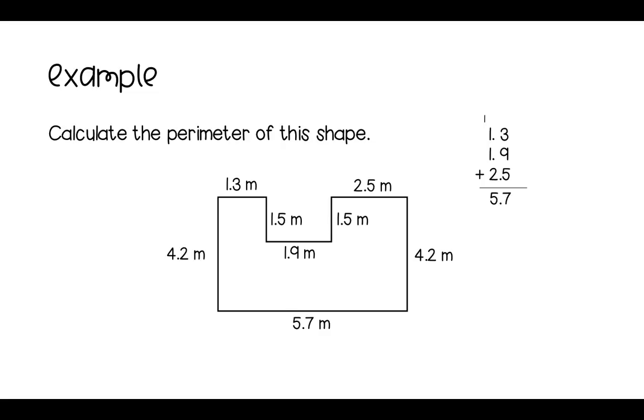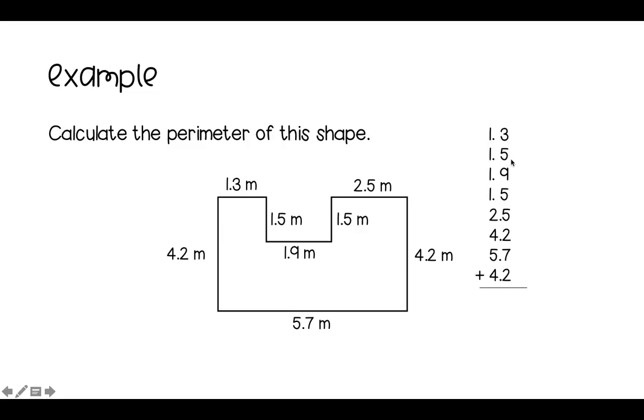Now, we have to do something different again, because now we need to add them all up. So just double checking, no lengths are missing, so they've all got a length, so we can now just add them up, and we're going to go 1.3 plus 1.5 plus 1.9 plus 1.5 plus 2.5 plus 4.2 plus 5.7 plus 4.2.